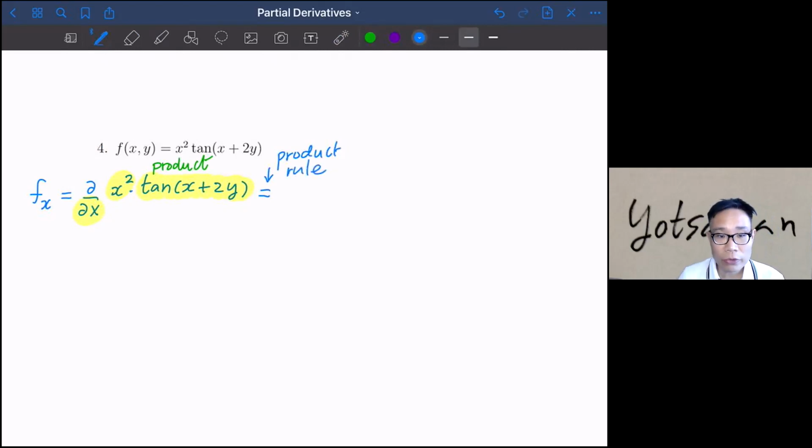So you will need to use the product rule, and the product rule will give you the first times the derivative of the second, plus the second times the derivative of the first.